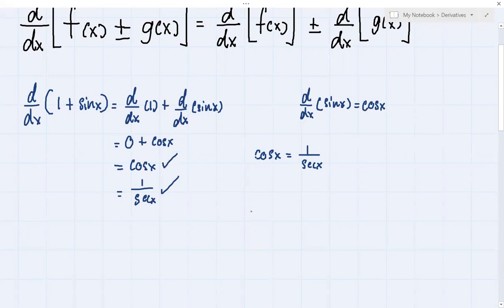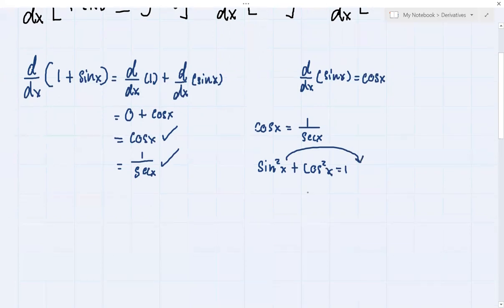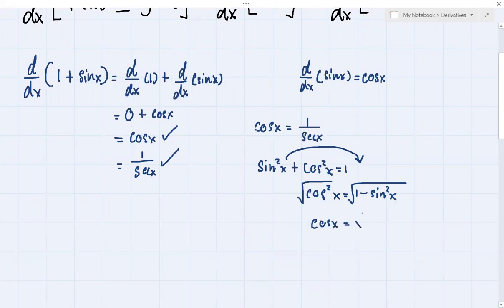Okay? They are correct. Or, if you remember the Pythagorean identity, when you transpose sine squared x to the right, we have cosine squared x is equal to 1 minus sine squared x, right? Then, if you take the square root on both sides, we have cosine x is equal to the square root of 1 minus sine squared x.